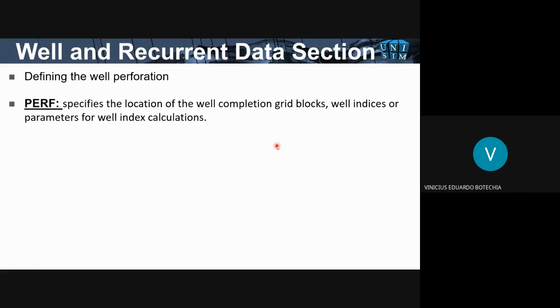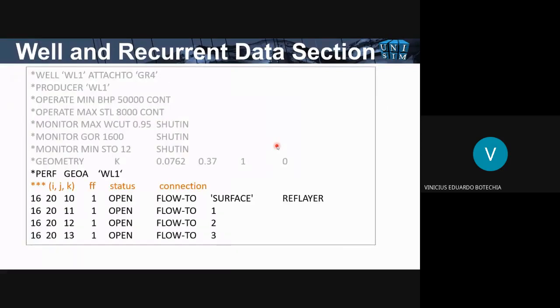And finally, you have to inform the perforations of the wells, so the completions of the wells, right? You do that with this keyword perf. So here we are talking about perf, and this keyword specifies that the well productivity will be calculated inside by the simulator, right?